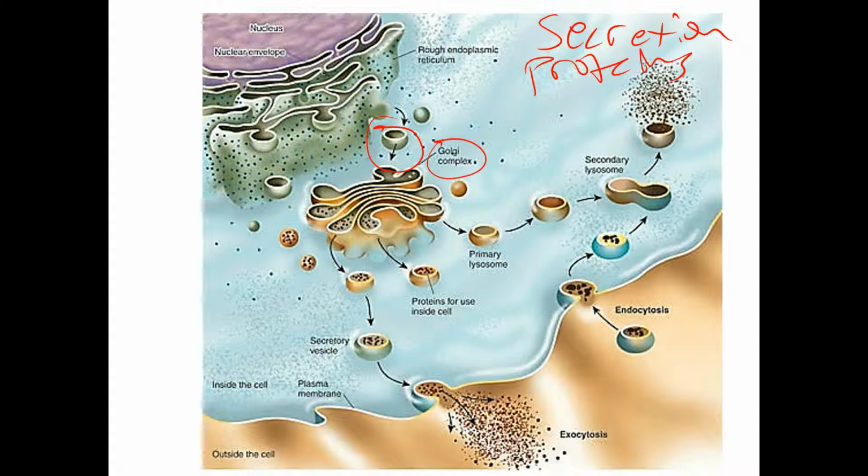Here, your protein will be modified and tagged and directed to where it needs to go. So it could become a component of the lysosome. It can become a vesicle that sits out in the cytosol, because it has proteins that are used in the cytosol itself. Or these proteins will be expelled from the cell through exocytosis. Or the proteins become embedded in the membrane of the cell.